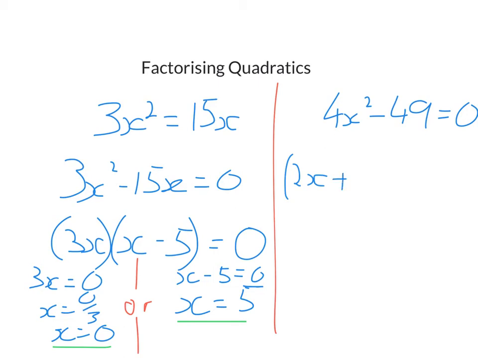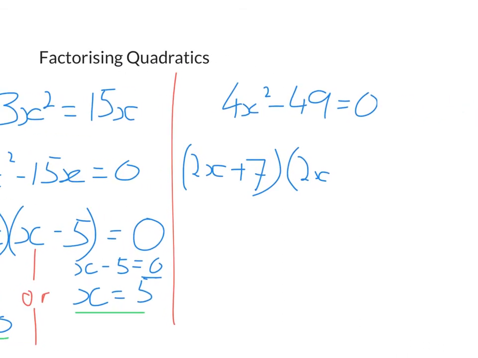So we can say inside the first bracket 2x plus 7. Again, 2x is the square root of 4x squared, and 7 is the square root of 49. So that's our first bracket. The second bracket is just as easy. It's the same as the first bracket, but we're going to put in a minus sign instead.